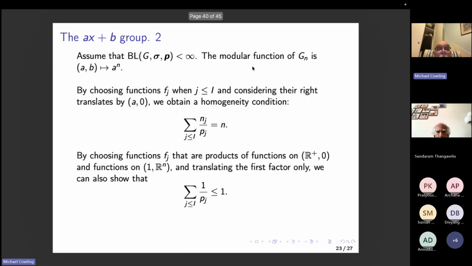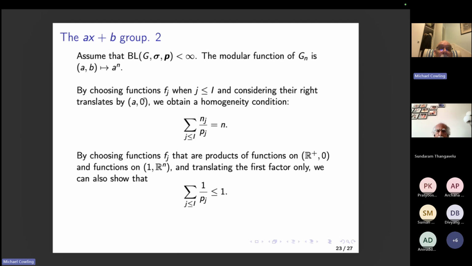So I can choose functions. I can take them continuous with compact support, for instance, when j is less than or equal to I, and I consider their right translates by a0, then I obtain a homogeneity condition.